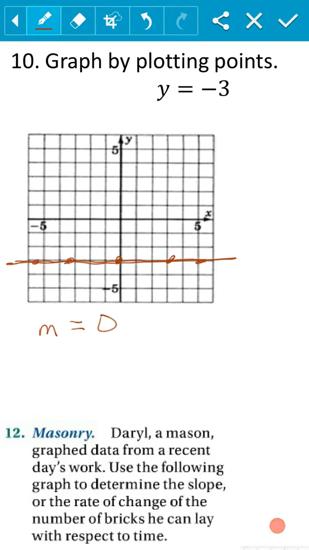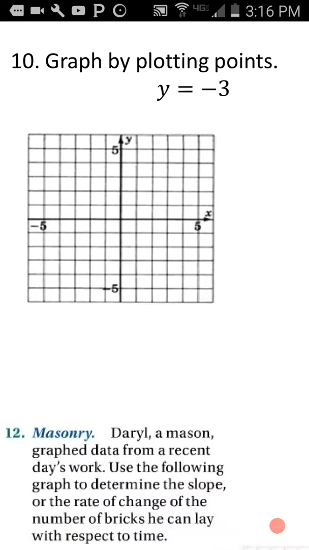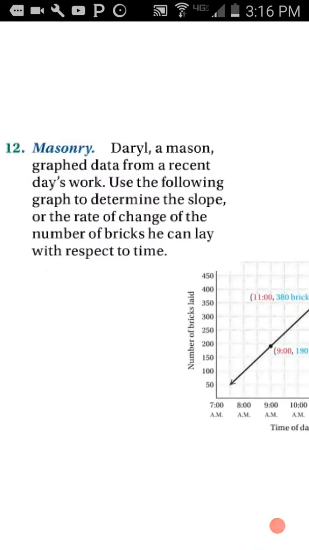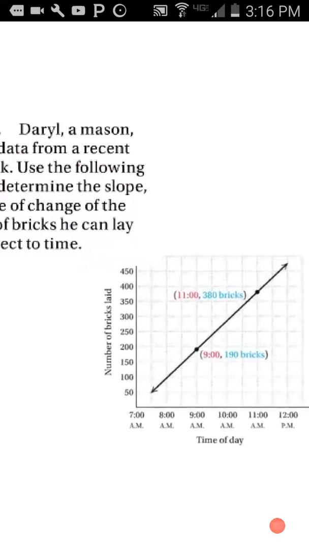On number 12, Daryl A. Mason graphed data from a recent day's work and using the following graph to determine the slope or rate of change of the number of bricks he can lay with respect to time. So we are going to look at the whole picture, and there's his graph.